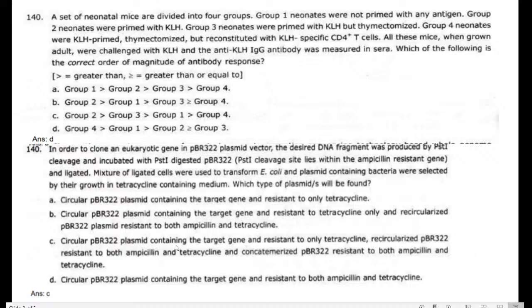Circularized pBR322 resistant to both ampicillin and tetracycline, and concatemerized pBR322 resistant for both ampicillin and tetracycline. Okay, as per their statement they have one cleavage site at PstI, at the site of the ampicillin resistance gene, but they commonly have resistance to both ampicillin and tetracycline.